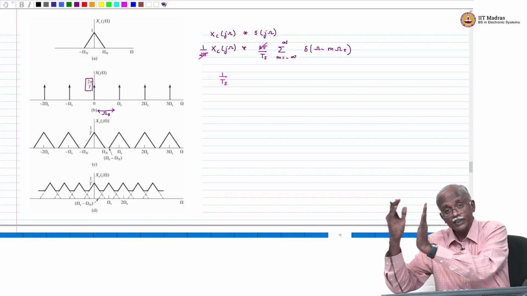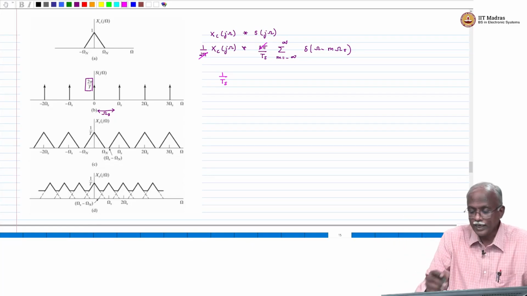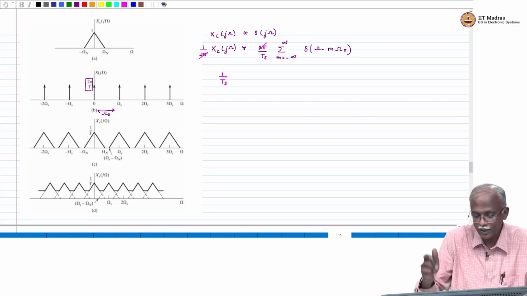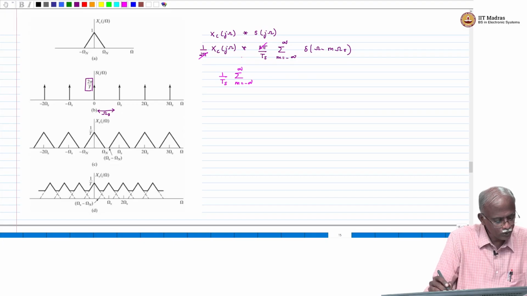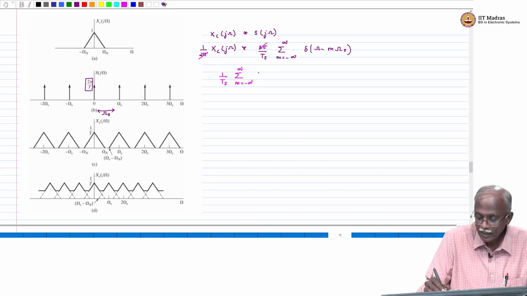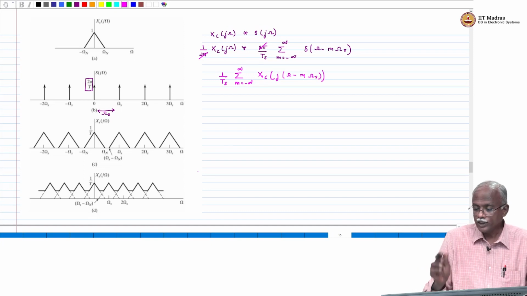However, if the delta function is shifted in frequency, you will get the corresponding shift in the spectrum also. So what you will get is 1 over Ts summation m equal to minus infinity to infinity xc of j times omega minus m omega s.